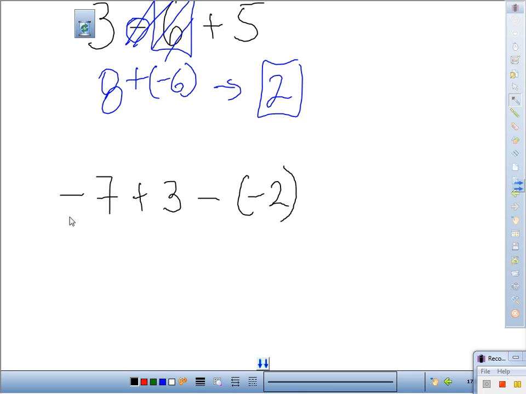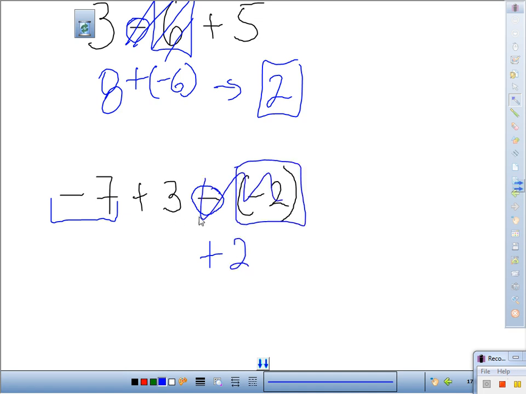Some of you might have said, oh, this is a subtraction, I'm going to change it. No, there is no number here. This stays as a negative. The subtraction is right here. So this becomes addition. The opposite of this is 2. So therefore, 2 plus 3 is 5. And negative 7, that is negative 2. And have you got that? Okay. All right.